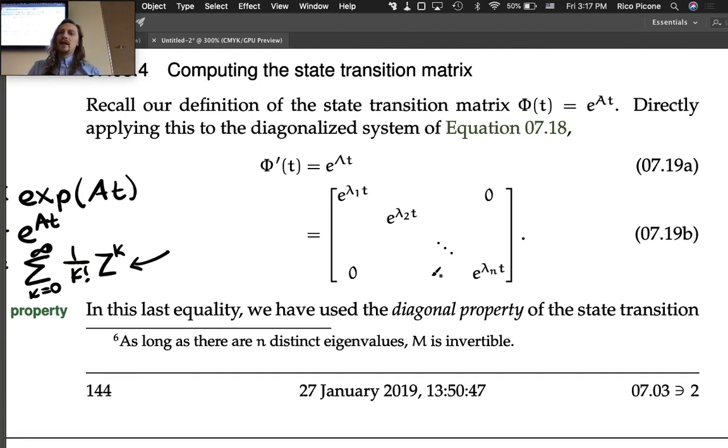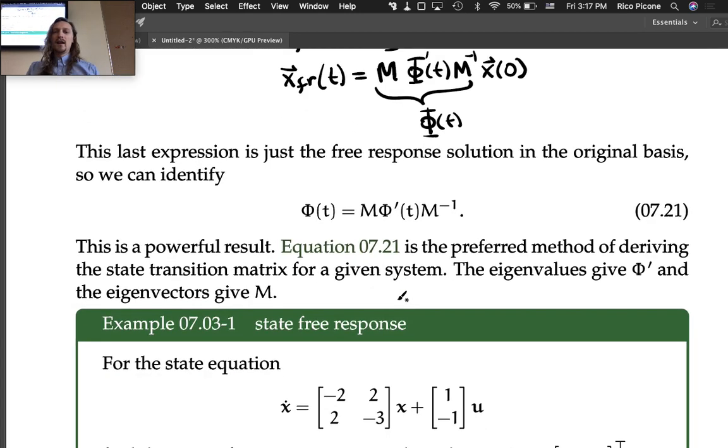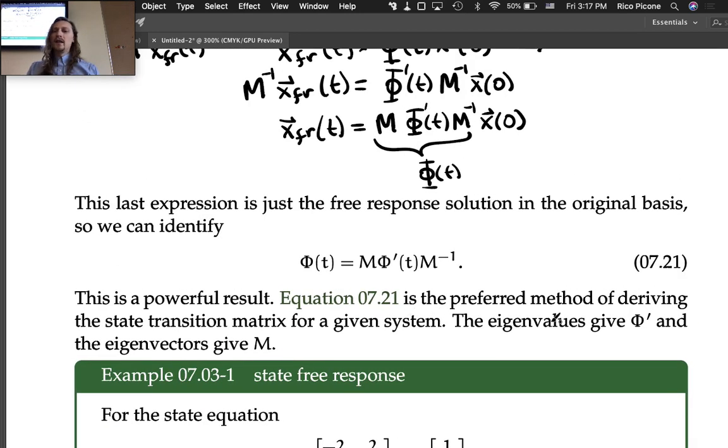All we need to do is find the eigenvalues of the system, and we have phi prime by equation 7.19b. Then all we need are the eigenvectors of the system, and they'll give us the transformation to get to phi. And that's what we're going to prefer.